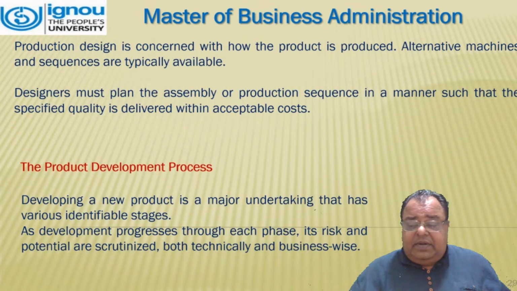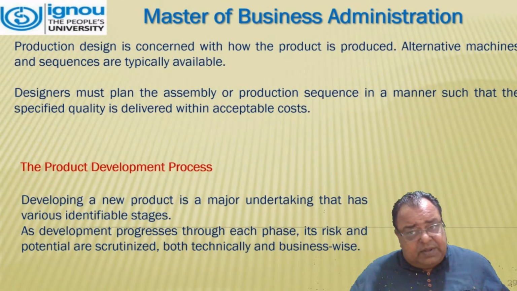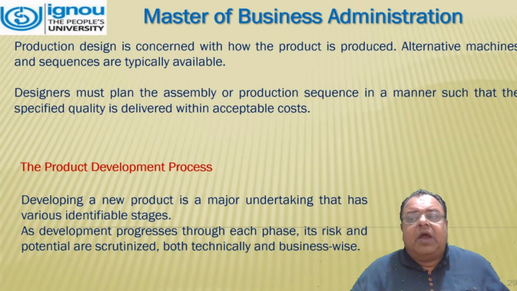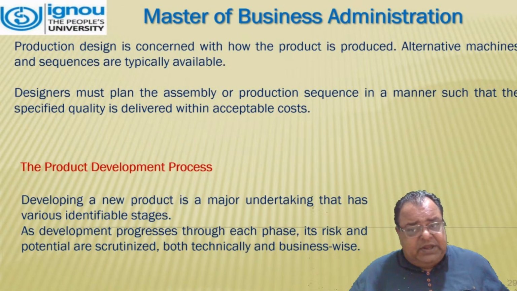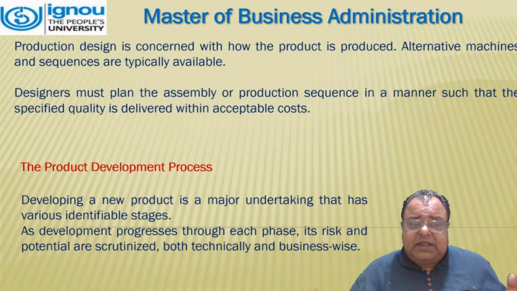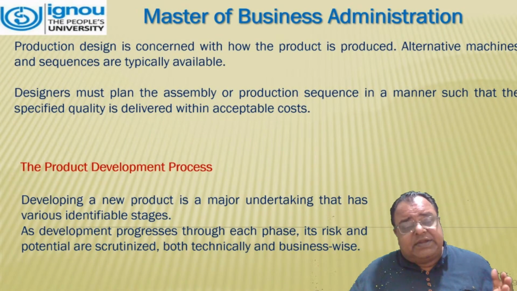Production design is concerned with how the product is produced. Alternative machines and sequences are typically available. The designer must plan the assembly or production sequence in such a manner that the specified quality is delivered within acceptable costs.